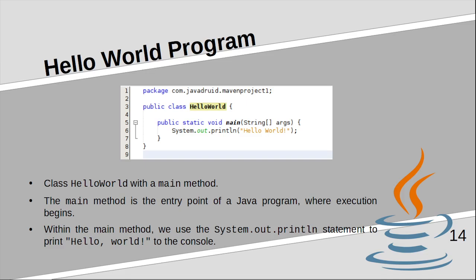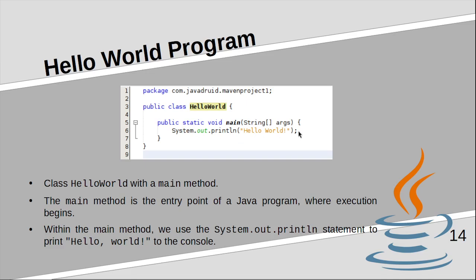But for now, you're going to have this main function, and this is where your program starts. From here, you can call all the rest of the functions. This is the simplest application. You're just printing this text, hello world, and that's it.